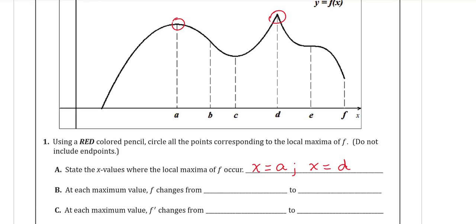The next thing we're supposed to do is talk about how f is changing. So f is changing at both of these from increasing to decreasing. Even here, it's increasing and then it's decreasing.